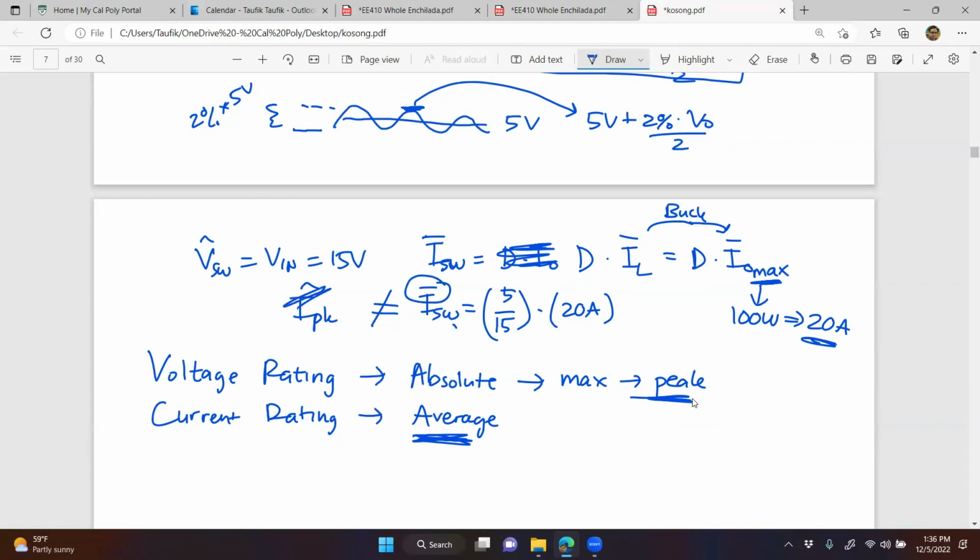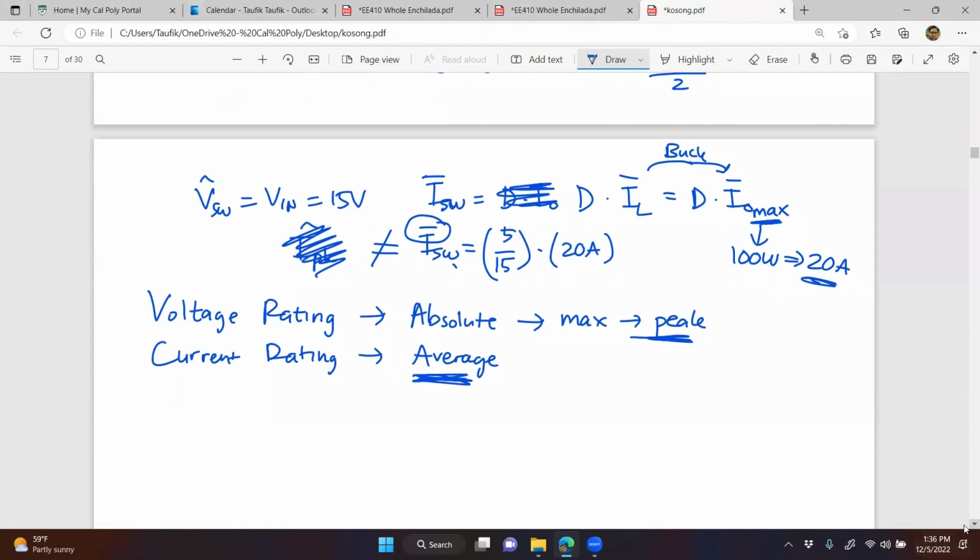Why is it that we can use average for that instead of peak? Why doesn't the max matter as much for current? Yeah, this has to do with 411, but I can tell you right now, current rating of a device is related to temperature, right? The ability of a device to handle temperature. I see. And temperature of a device is going to be a function of the average value of the current, right?